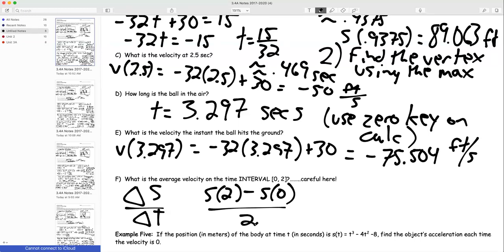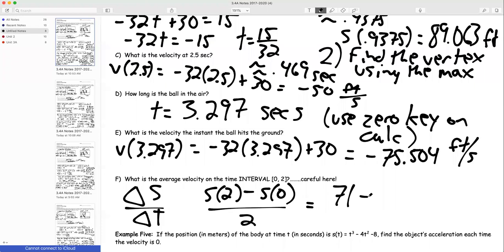Think about the units again. I need feet in my numerator and seconds in my denominator because I need a velocity. It's an average velocity. And so I need S of 2, so take 2 and plug it into the position equation. Check that. I got 71.